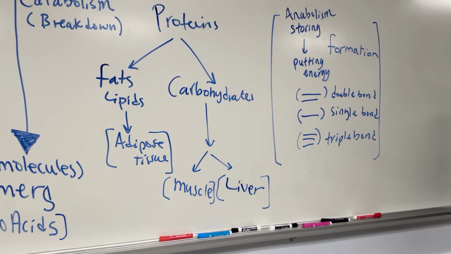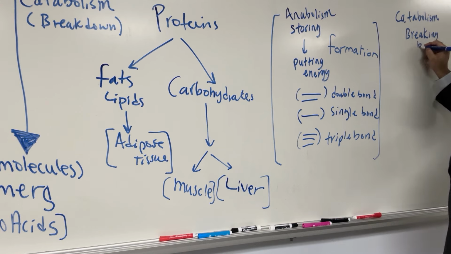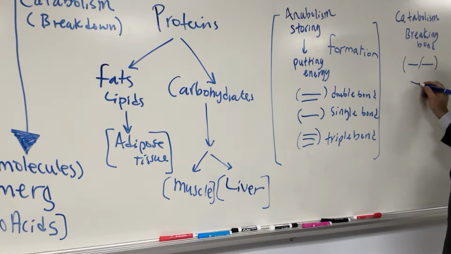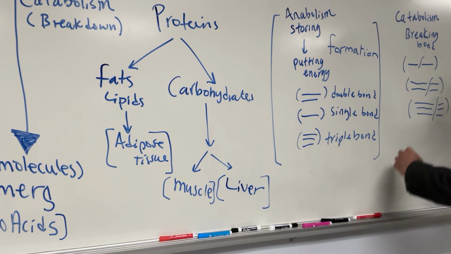Catabolism is not the same. Catabolism means that you are breaking the bond. So the single bond is broken, the double bonds are broken, and the triple bonds are broken.